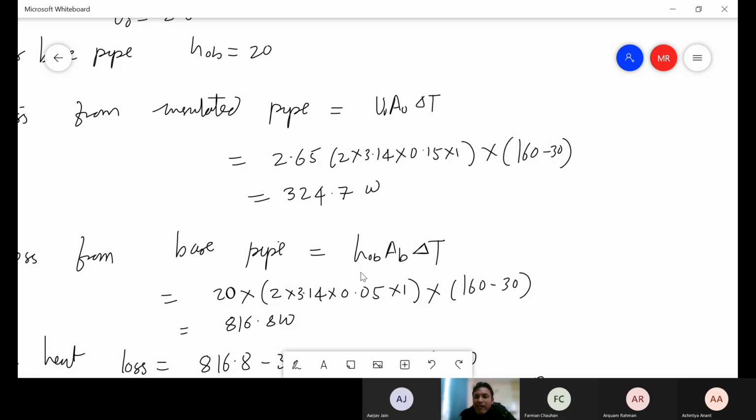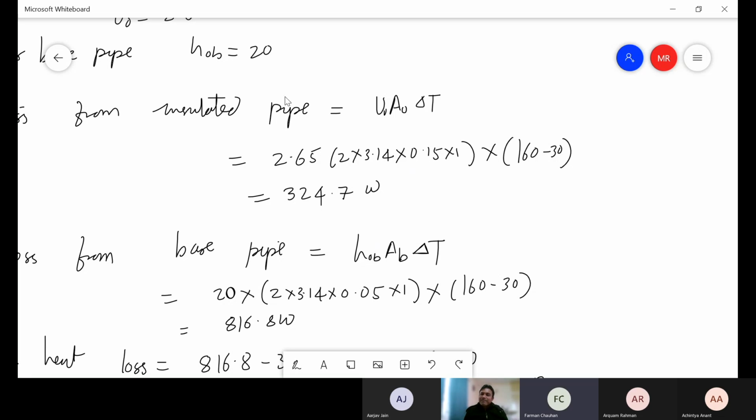But since H_i is very high, I will say that H_0B will be the most appropriate one, because that is what the resistance will be present, isn't it? Yes, sir. That's why we have calculated just H_0B, A, delta T as the heat exchanged. So this is the heat exchange when I am using a bare pipe, whereas this U_0, A_0, delta T is the heat exchange when I am using the insulated pipe. Is it clear? Yes, sir. And the difference between that will be the amount of saving in heat loss.